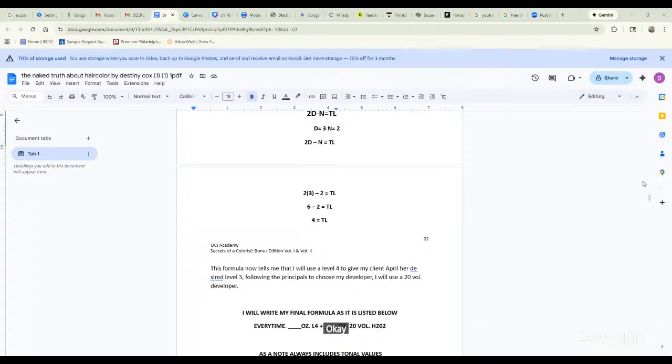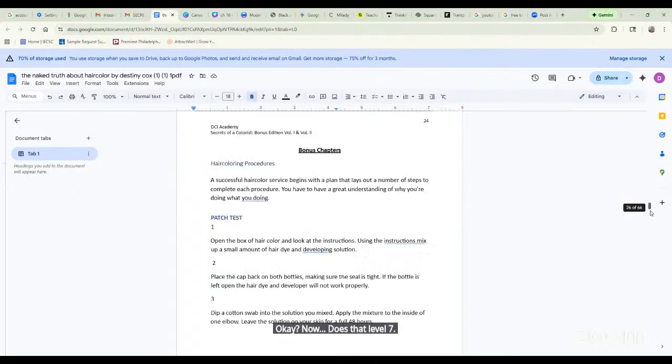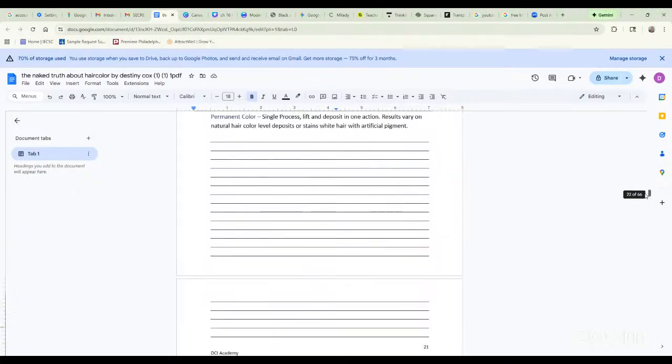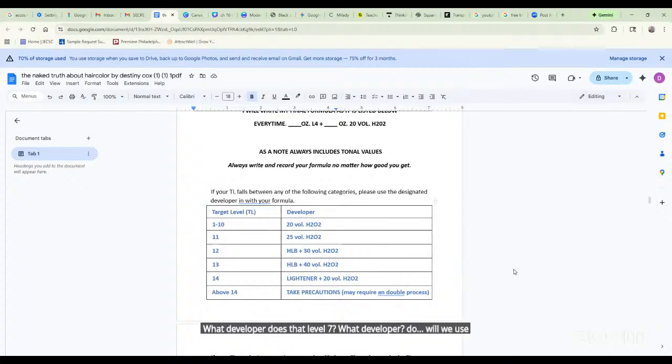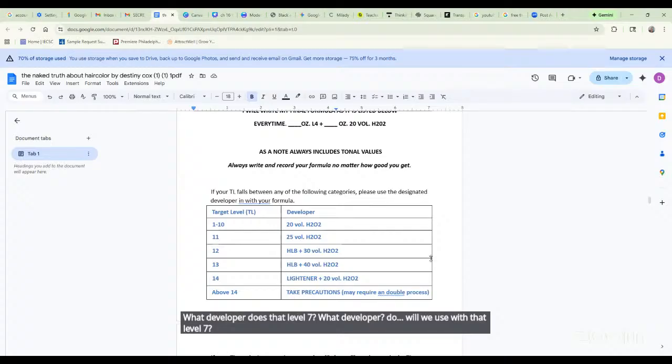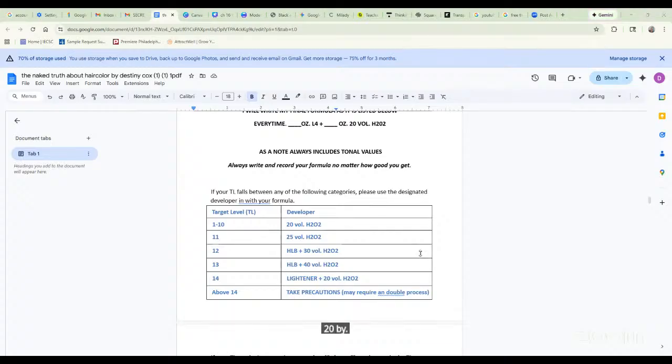Now, what developer will we use with that level 7? 20 volume. All right. So the average color is 2 ounces. So we'll always say 2 ounces.